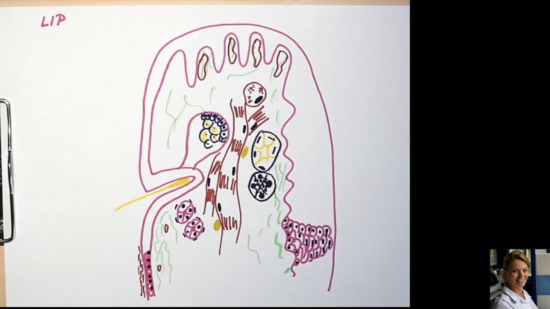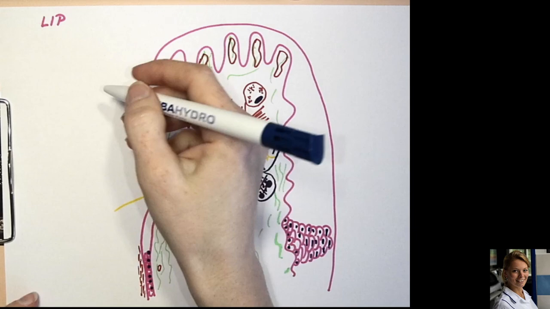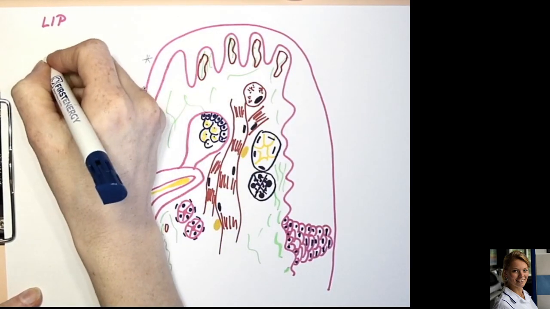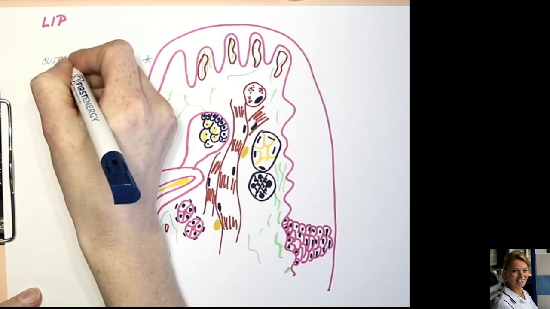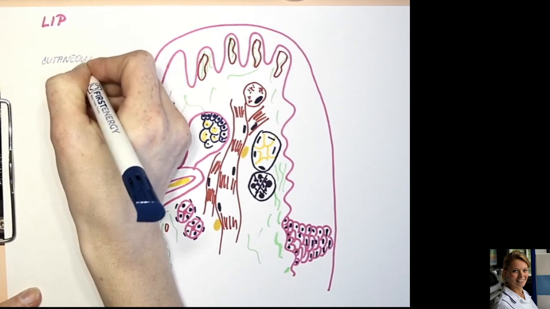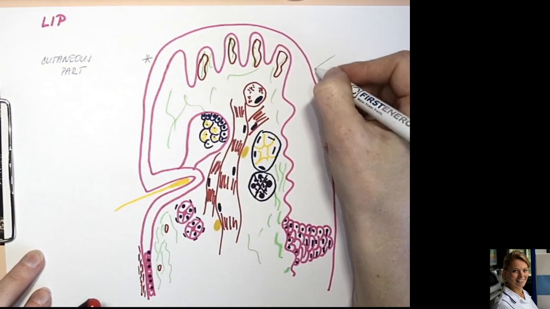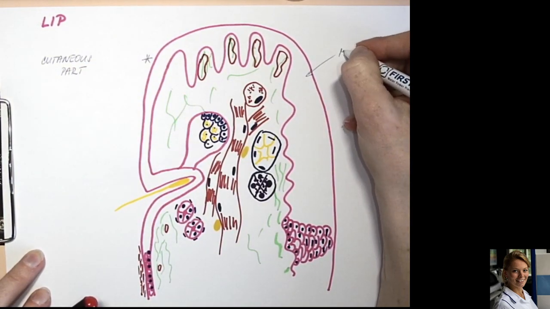So now we just label the scheme. This part is the cutaneous part. This side is the mucosal part.